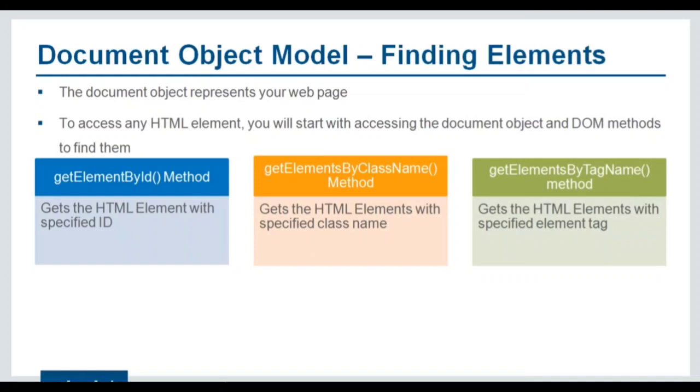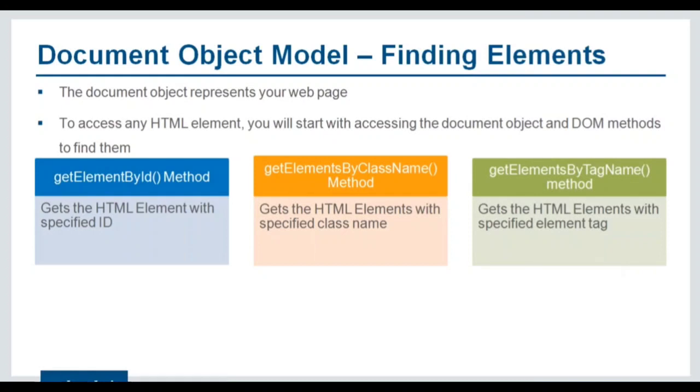A button has the tag button, and an input box has the tag input. If there is only one input and you don't know its ID or the class value you have added, you can just say getElementsByTagName, and within this method write input. This will help us reach that element.